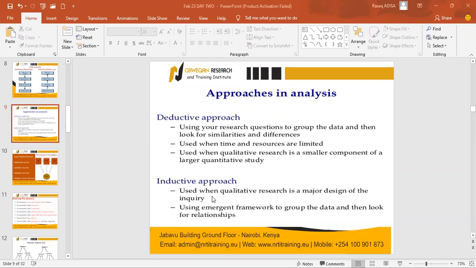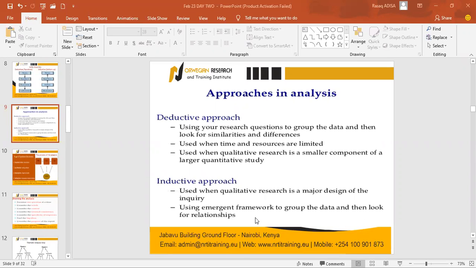Then inductive: use it when qualitative research is the major design of the inquiry of your work. If your work is majorly qualitative, then you are to use inductive.